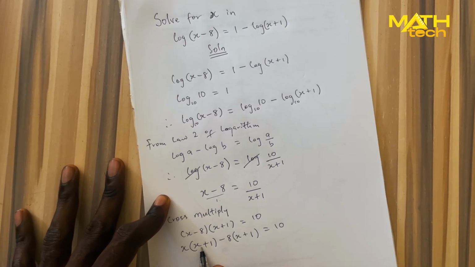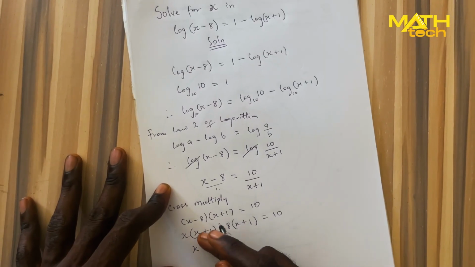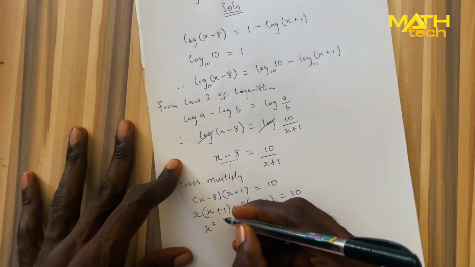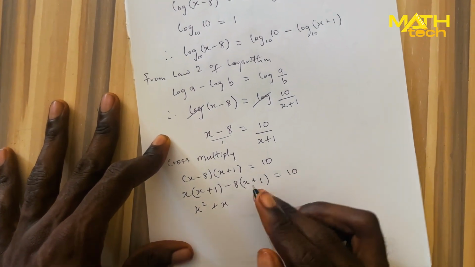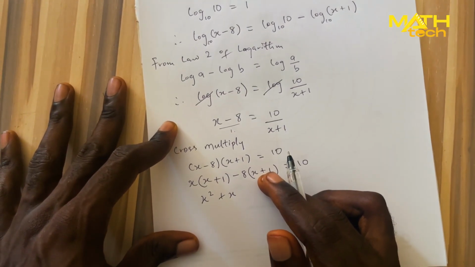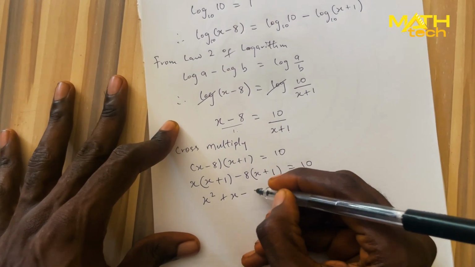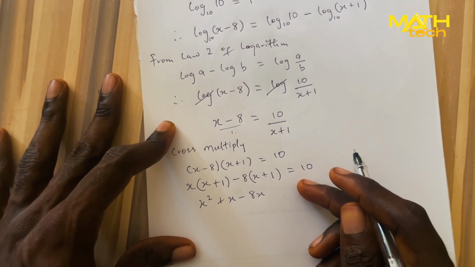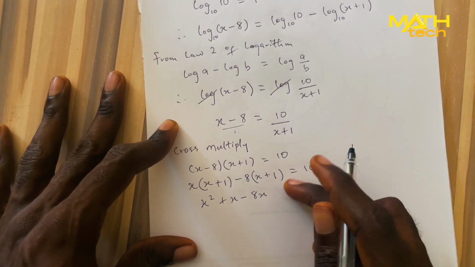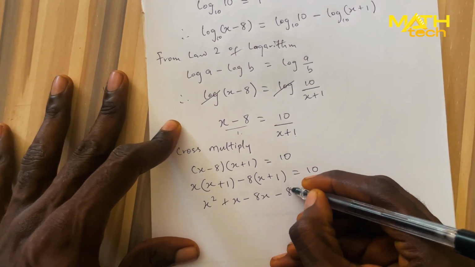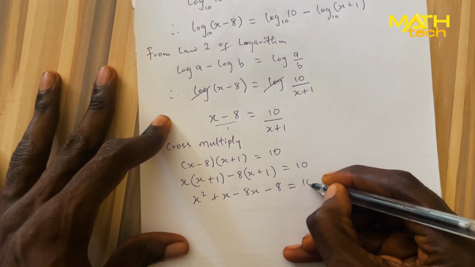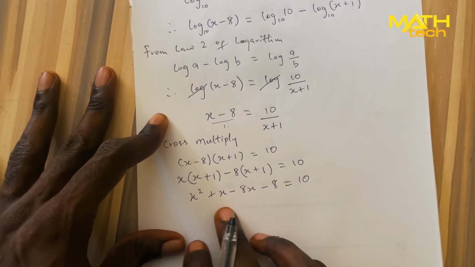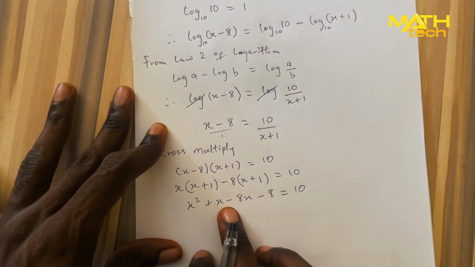So x times x gives x squared, x times 1 gives plus x, minus 8 times x gives minus 8x, and minus 8 times 1 gives minus 8, still equal to 10. We can see that we have like terms here, x and minus 8x.